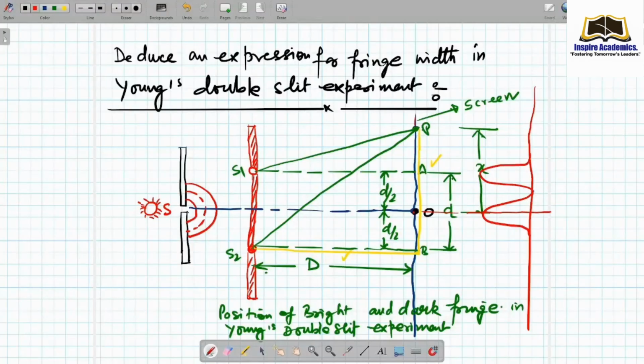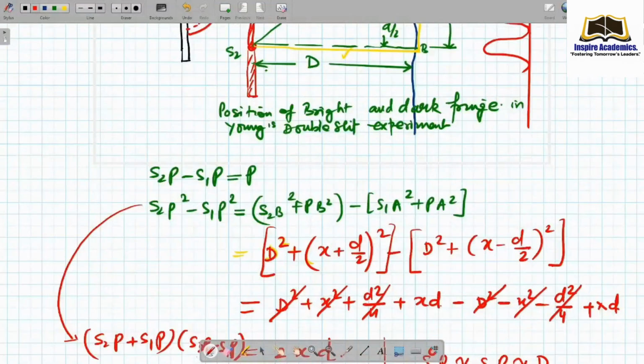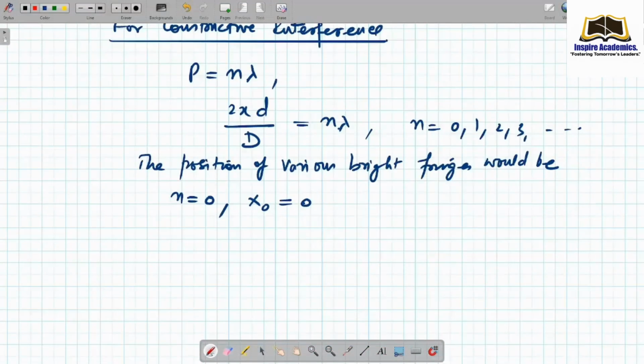It will continue to go like this. सो सेंटर पे यू विल हैव ए ब्राइट पॉइंट, a lot of light would be there. That would be my, when x is equal to x naught would be 0. So central bright fringe कहेंगे इसको, central bright fringe. ये आपको बहुत कुछ याद रखना है while you solve the problems. It's very important.